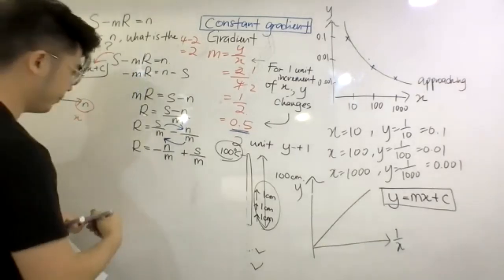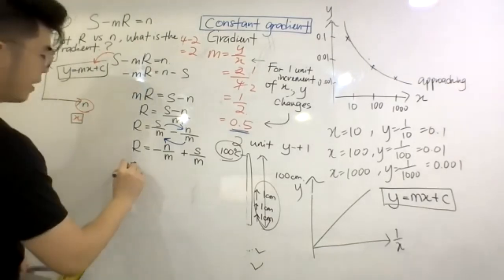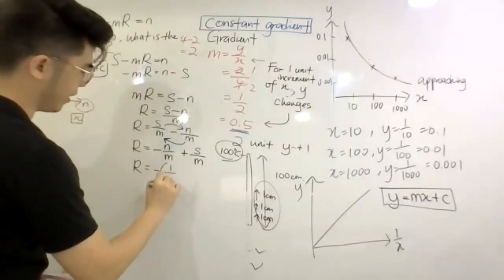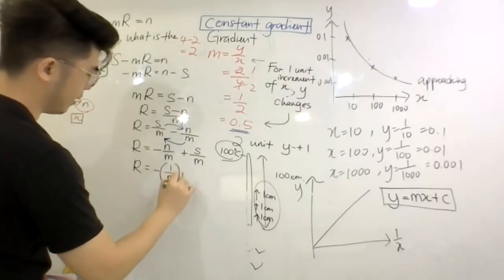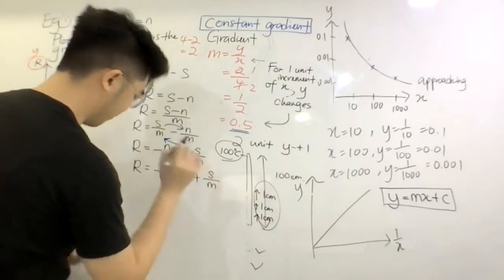The last step, see the x should be n, right? So I'm going to put the n like this. 1 over m, n plus s over m.